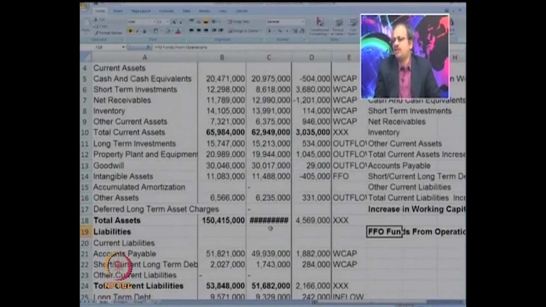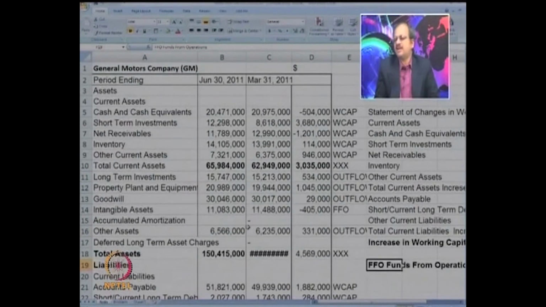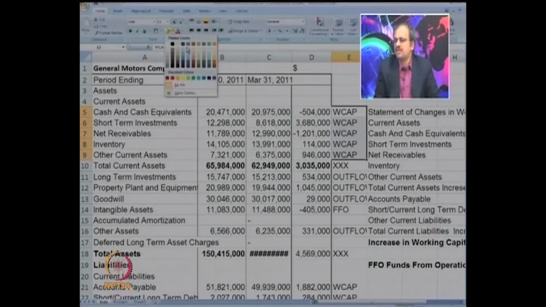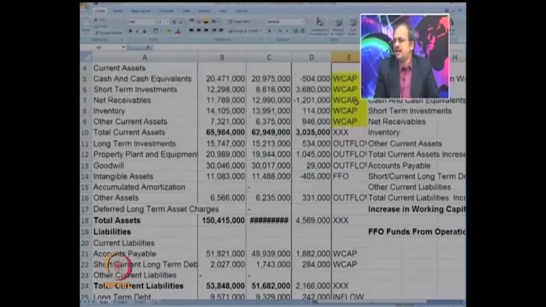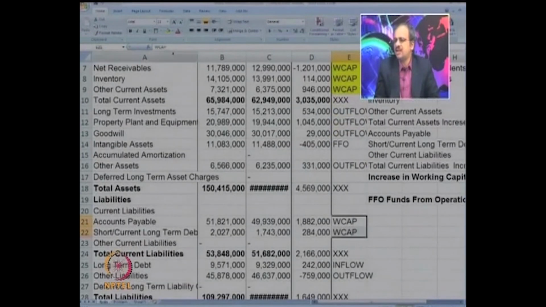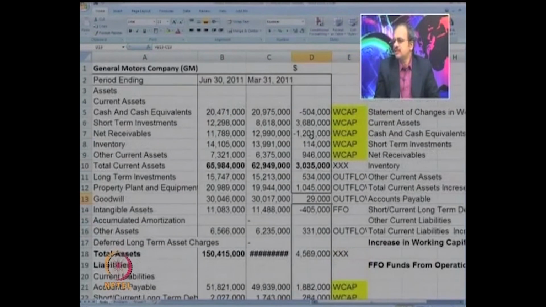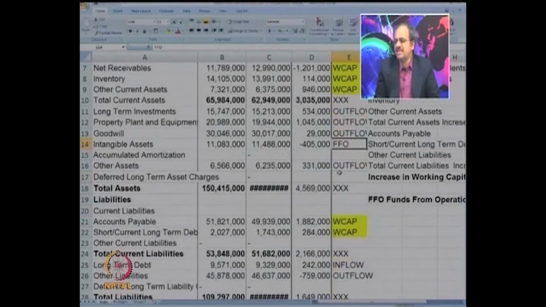Now again go back to the balance sheet, look at the items which were marked as FFO. Before that, let us specifically mark the current assets and current liabilities items as done. Now you will see that the first FFO item is intangible assets. So intangible assets which have gone down must have been because of write-off.